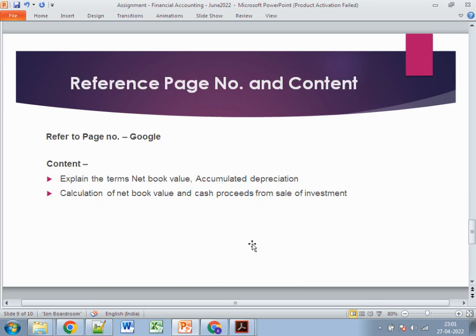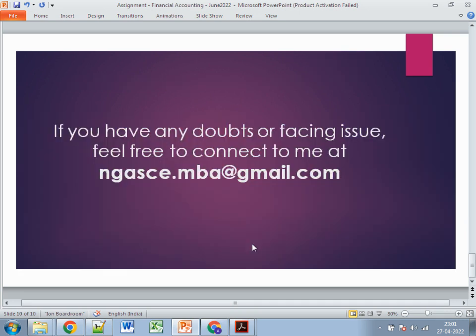Obviously it contains two parts. The first part you need to refer from the internet, and for the second, I have already explained all the calculation, so you can just refer to it and write it directly.